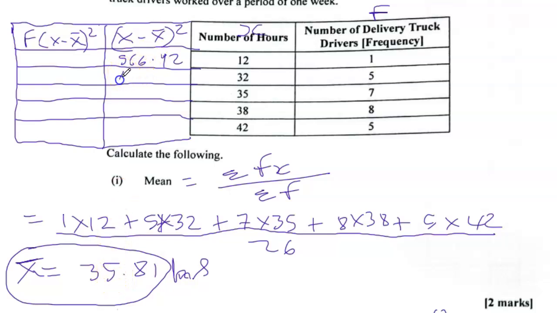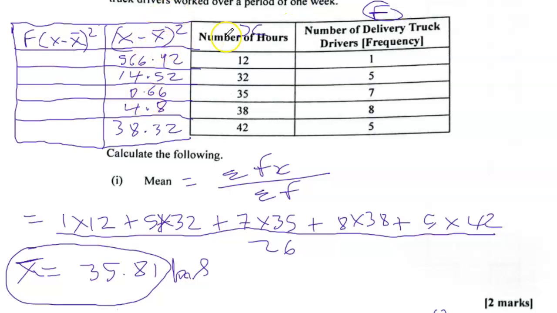We'll get 14.52. And 35 minus 35.81. Square the result, we'll get 0.66. 38 minus 35.81. Square the result, we get 4.8. 42 minus 35.81. Square the result, we get 38.32.